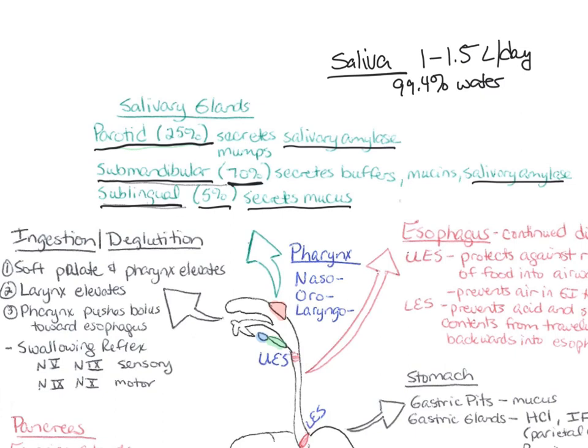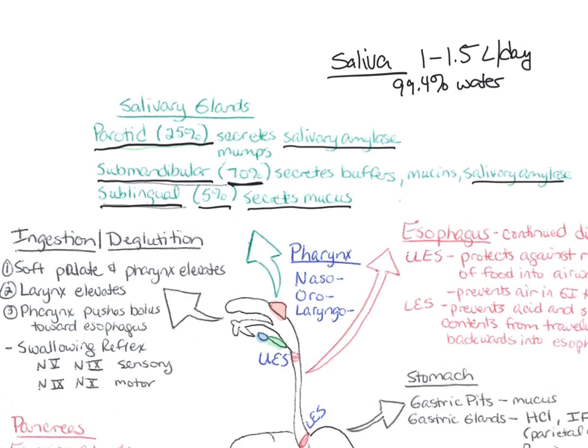A couple of things that you should know about saliva production is that the saliva production increases when you eat. So when you're putting food in your mouth, it helps to lubricate the mouth, lubricate the food, dissolve chemicals to stimulate the taste buds so you can start to taste things. It begins that carbohydrate digestion using salivary amylase.